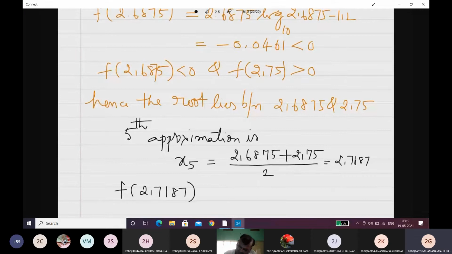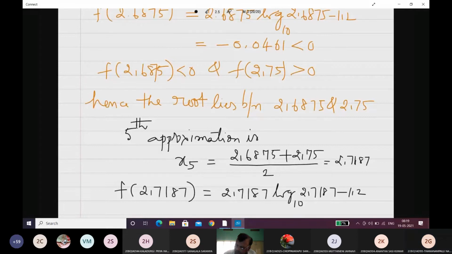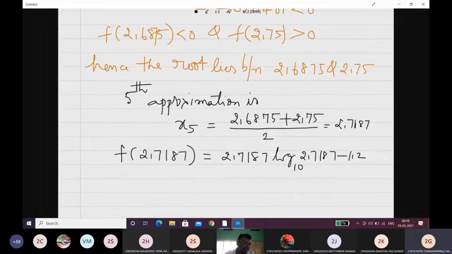That is 2.7187 log of 2.7187 base 10 minus 1.2, which is minus 0.0191, less than 0.